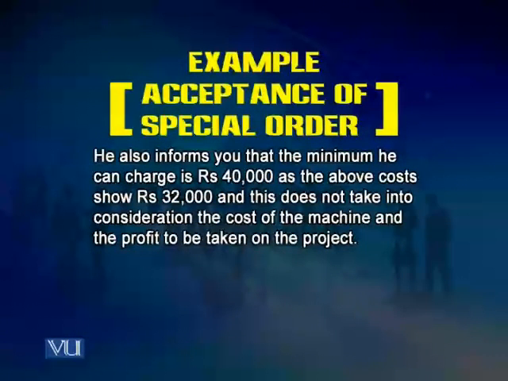He also informs you that the minimum he can charge is rupees 40,000, as the above costs show rupees 32,000, and this does not take into consideration the cost of the machine and the profit to be taken on the project.